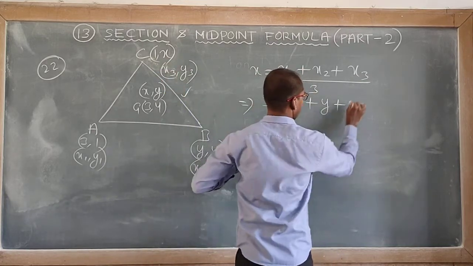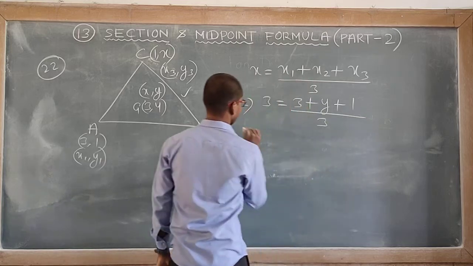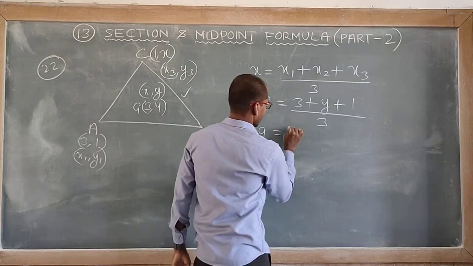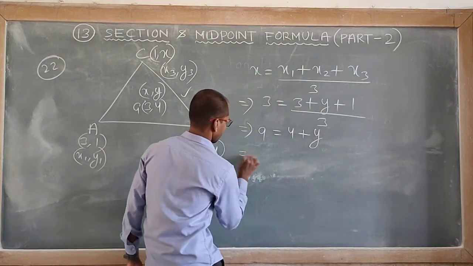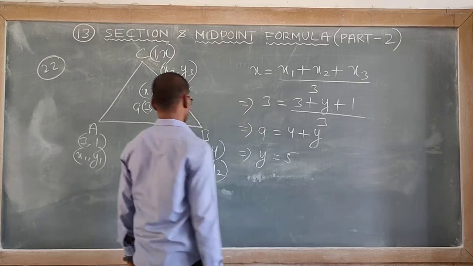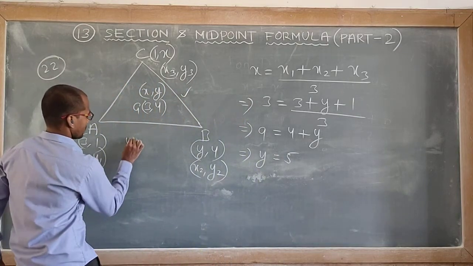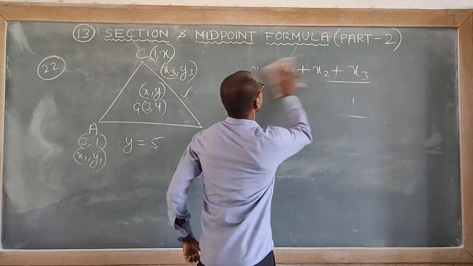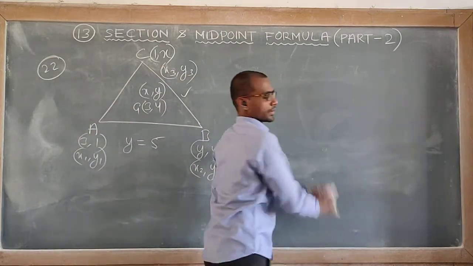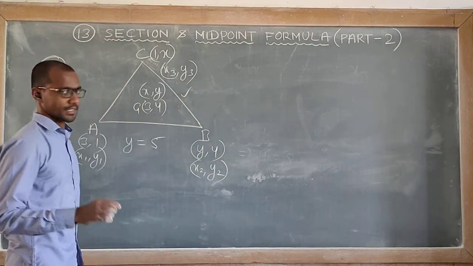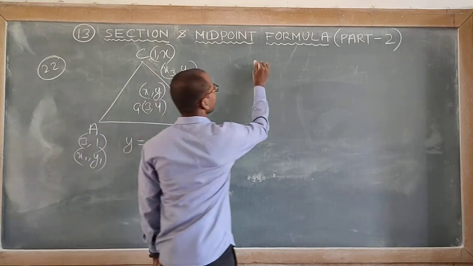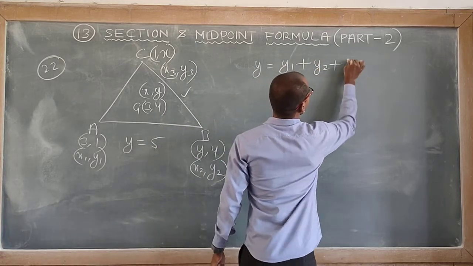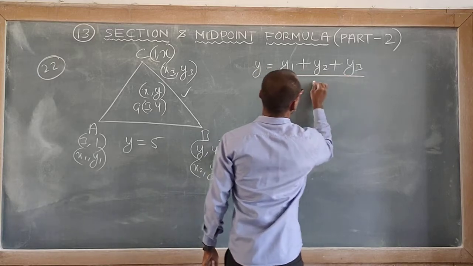x3 is 1, by 3. This is 9, 3 into 3 is 9. 4 plus y. So y is equal to 5. Now our target is x. So we have to use y coordinate. Y is equal to y1 plus y2 plus y3 by 3.